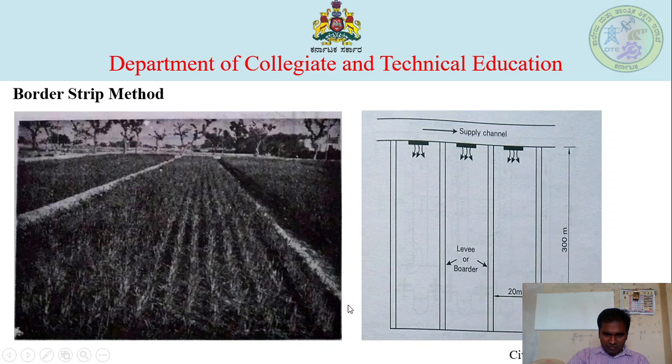The border length varies from 100 meters to 300 meters, and the width varies from 10 meters to 20 meters.